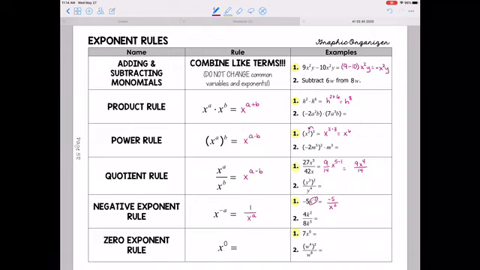Now we haven't talked about this one yet, but the 0th exponent gives you a value of 1 always. So if you have any number to the 0th power, it's just 1. So if we take 7 times x to the 0th power, that's really just 7 times 1, which is 7.